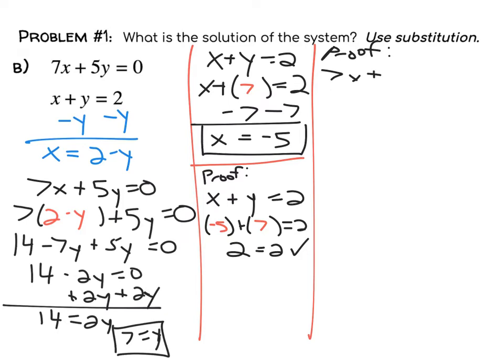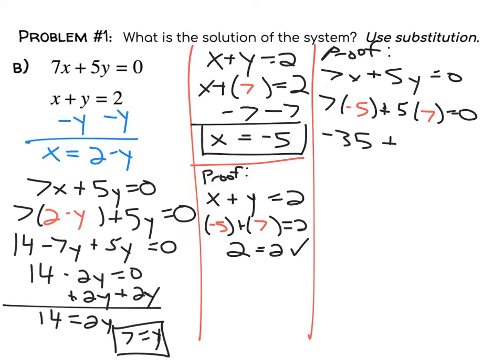Now the other equation, 7x plus 5y equals 0. Same thing again. Put parentheses where we're going to substitute in the values and plug them in. x is negative 5, y is 7, and when we simplify this, we get negative 35 plus 35 equals 0, or 0 equals 0.